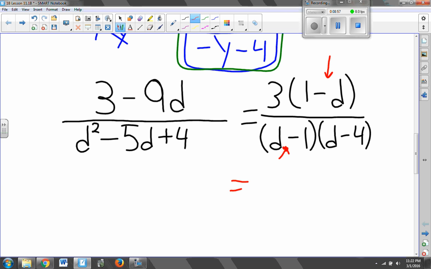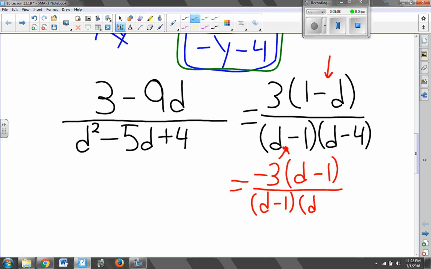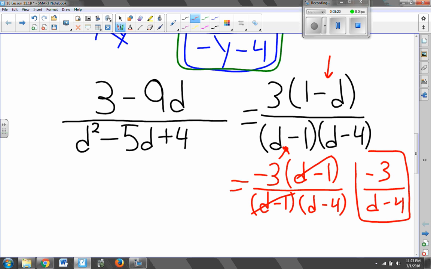So I will pull out a negative sign as well, turn the top into a negative 3, and now that is d minus 1. The bottom is d minus 1, d minus 4. The d minus 1s cancel out, and I am left with negative 3 over d minus 4. Okay, so there's my simplified version, but I must list my excluded values.